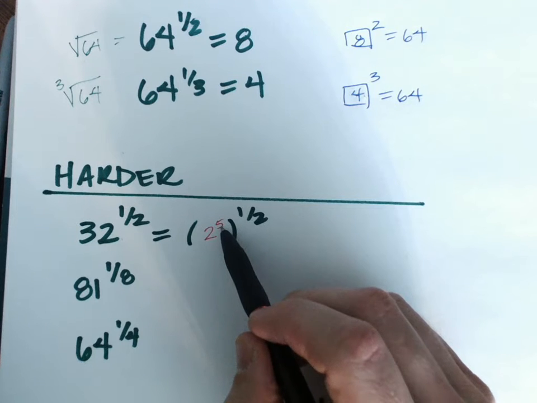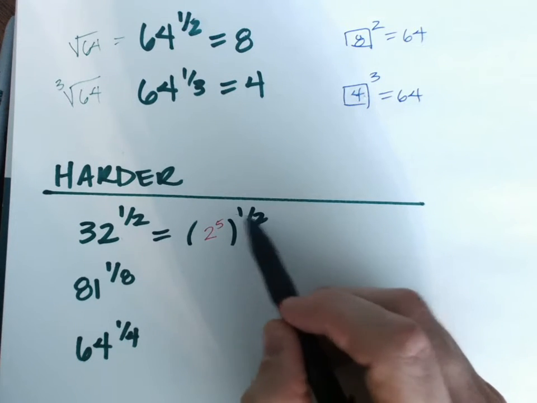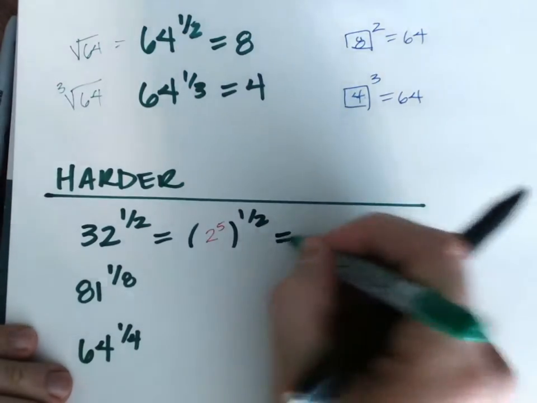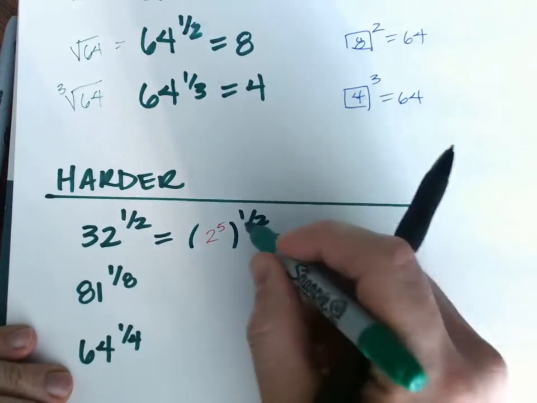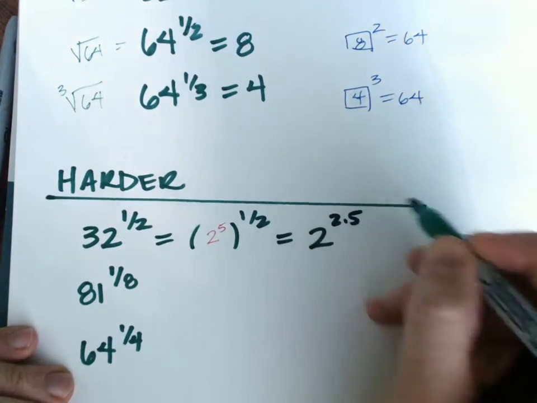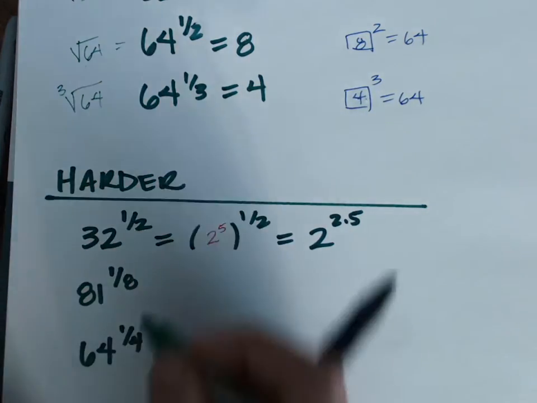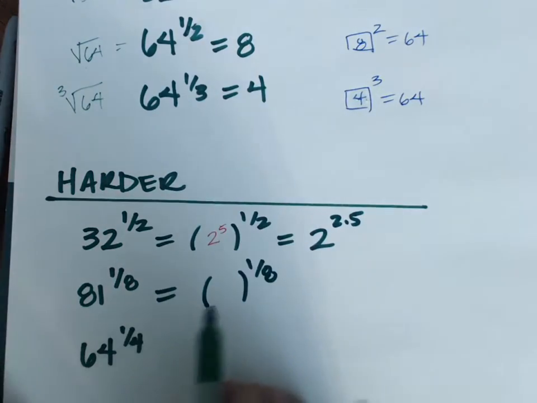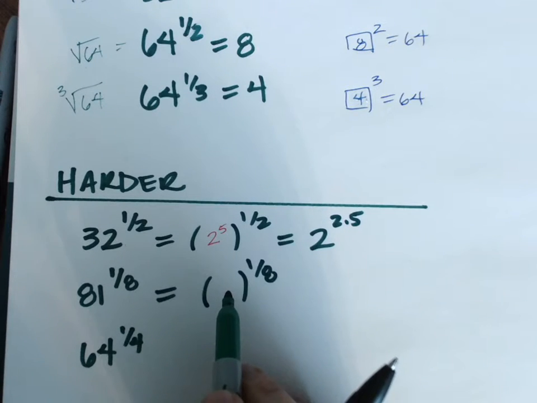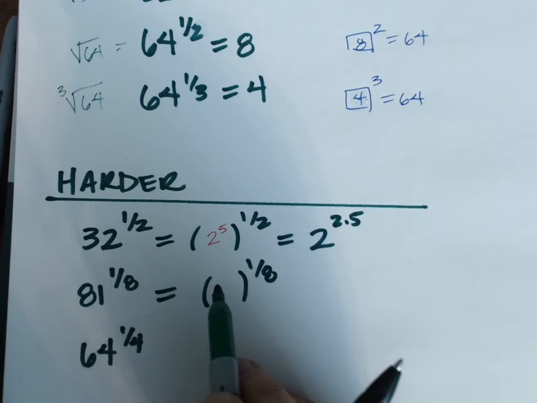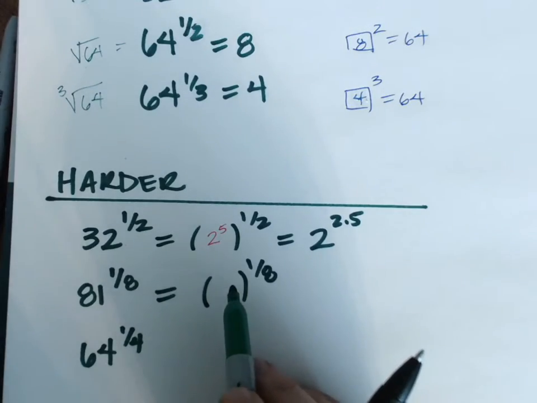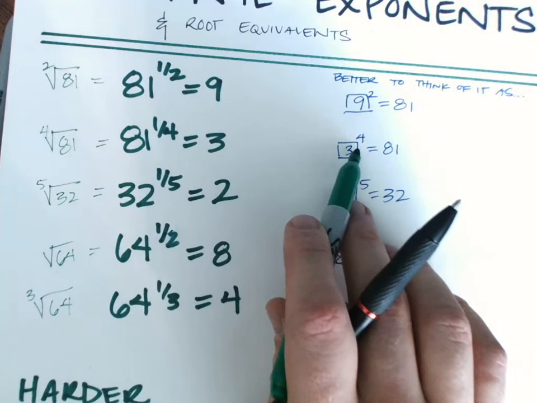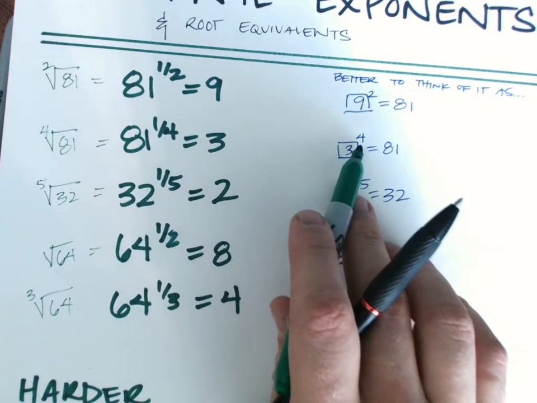In this case, we have a power of 5, and then on the outside, power of a half. And in that situation, we multiply. And so this would come out as 2 to the half of 5, which is the 2.5 power. In the next case, we're going to do a similar trick here. 81 to the 1/8 is not a whole number. And so we're going to replace 81 with, we could either do 9 squared, but better yet, we can simplify it one step further and instead call it 3 to the fourth.